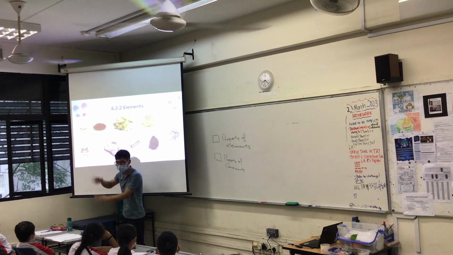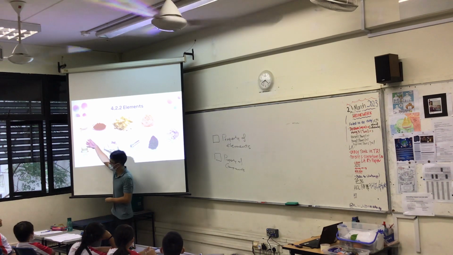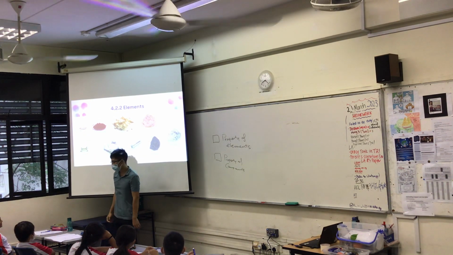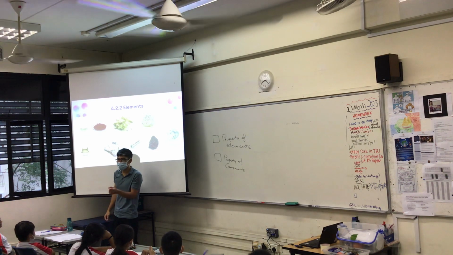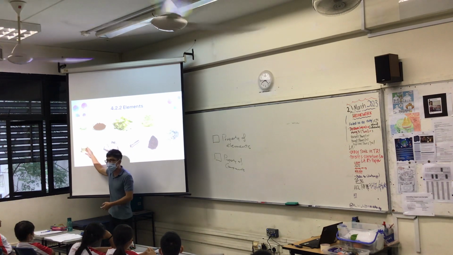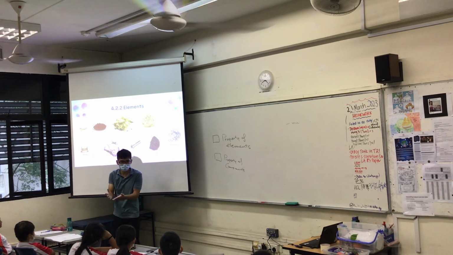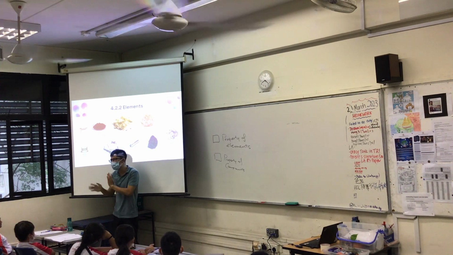Chlorine. Chlorine is not this glass jar. Chlorine is actually a gas. It is inside this jar. The chlorine that you have in the swimming pool is a liquid form of chlorine. Chlorine can also exist as a gas, and the gas form of chlorine is yellowish green in color.